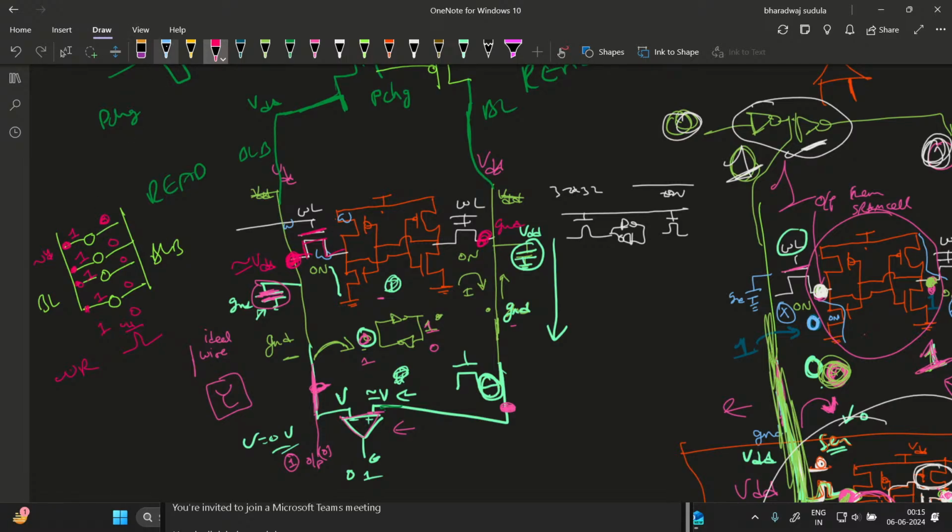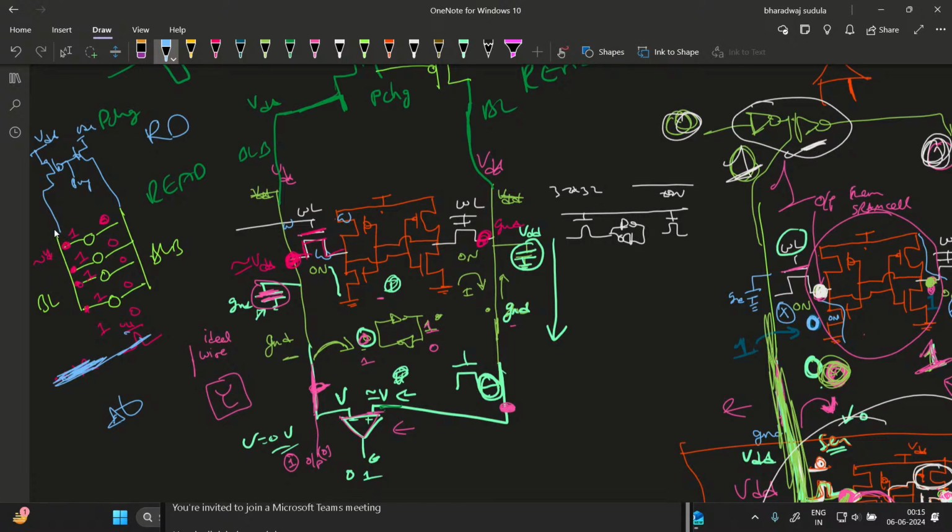Now instead of writing, I'm doing a read operation, so the write operation is over. Now if I connect the bit lines to VDD via PMOS, PCHG, again timing is the key.